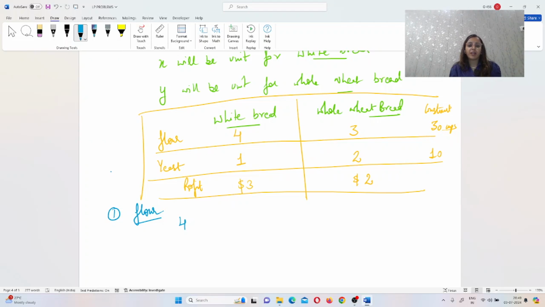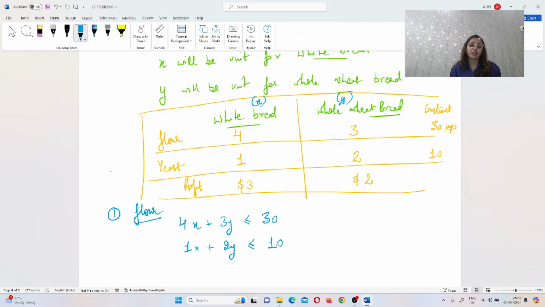As we have taken white bread as X, and the wheat bread as Y, 4x plus 3y should be less than or equal to 30, as we have the limitation of 30 cups. For yeast we have 1x plus 2y is less than or equal to 10, right?